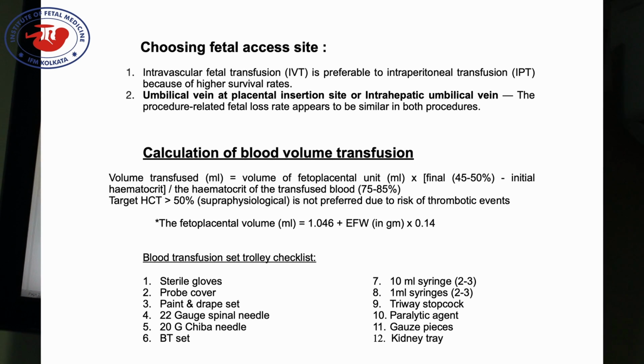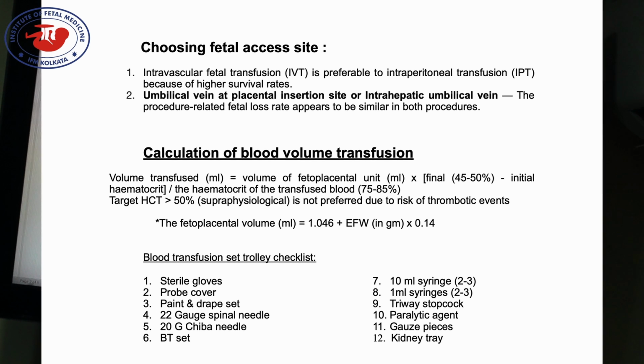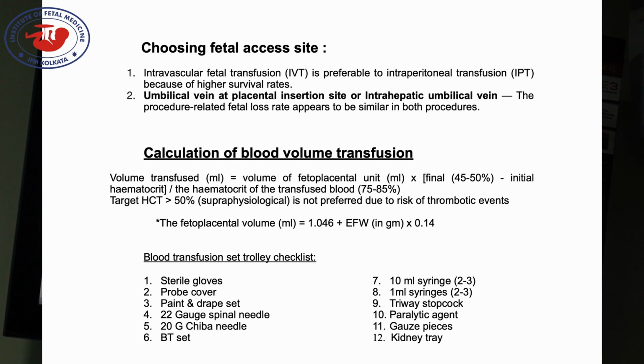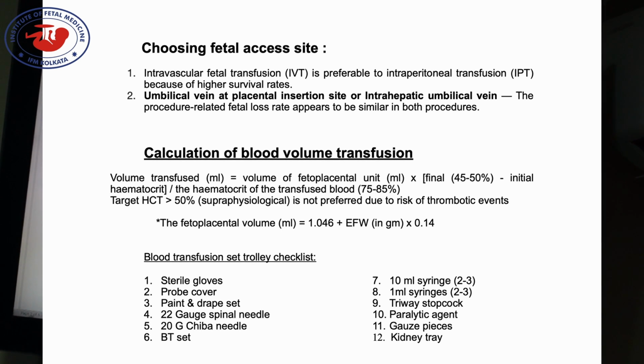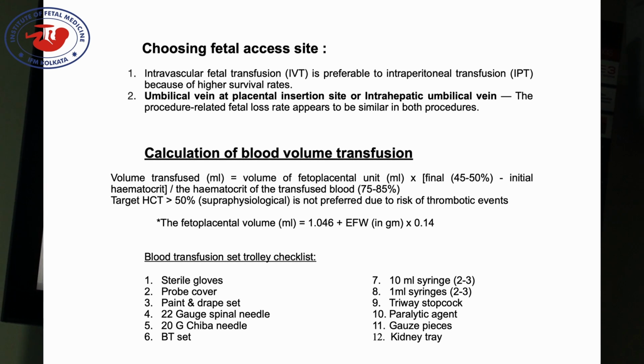You open it, he will keep everything open, and it will ask what the hematocrit of this fetus is. He will enter that, and based on the data, I will show you that table. Whatever inputs you give, it will give you the final calculation. But how they reach the final volume calculation, that we have to know.